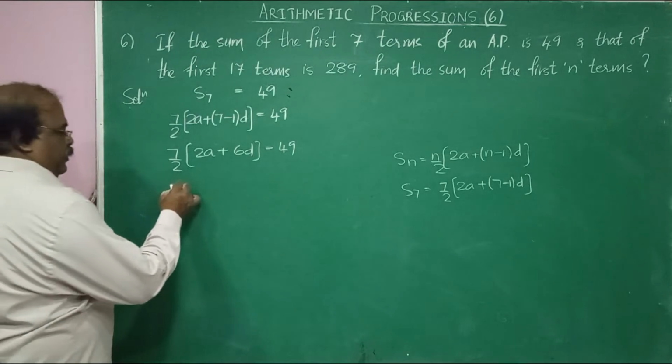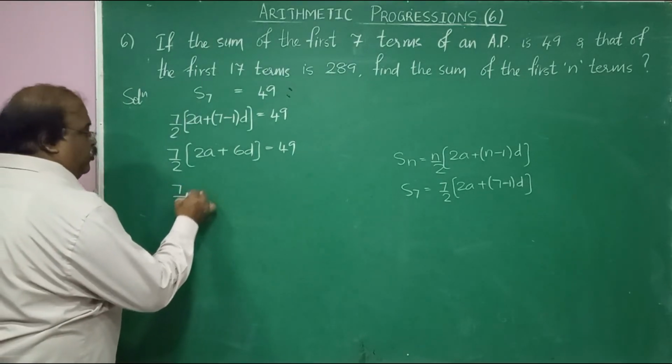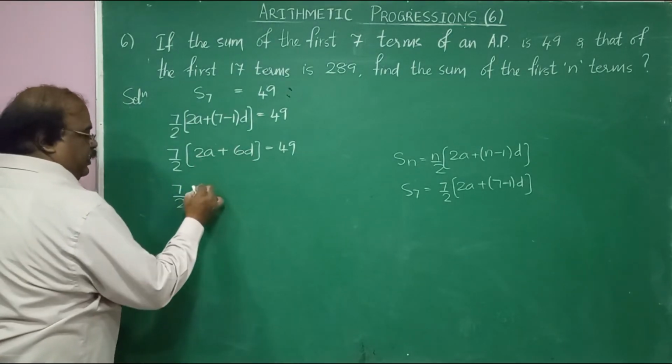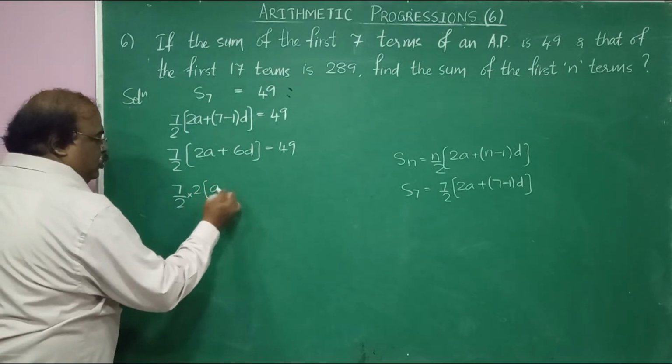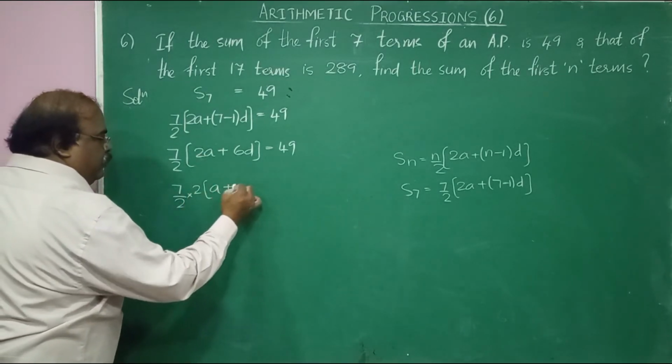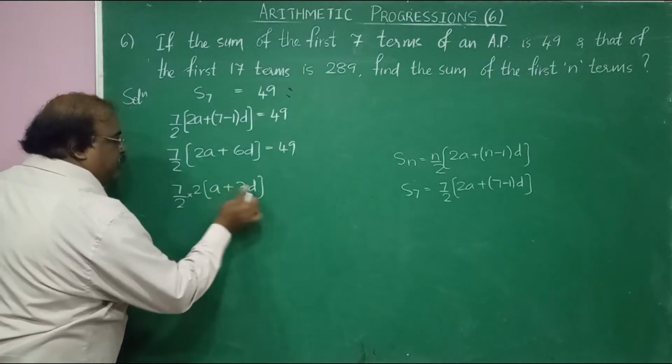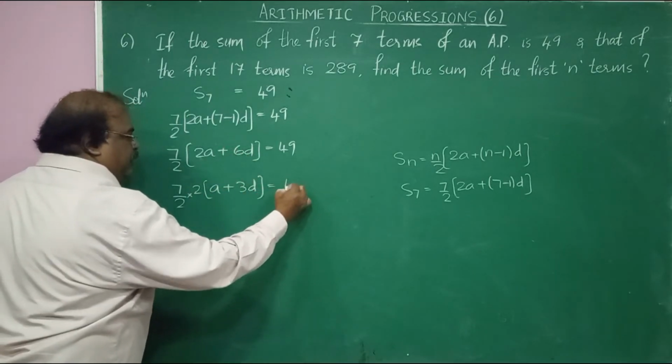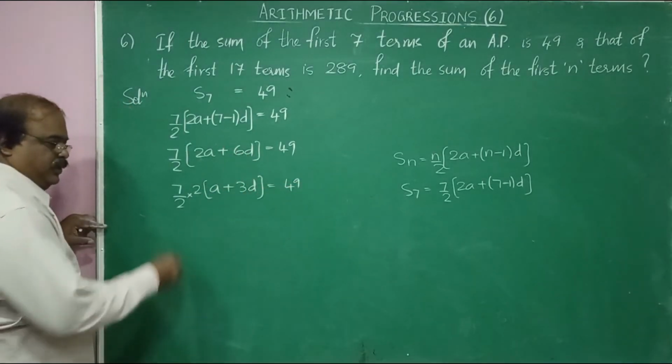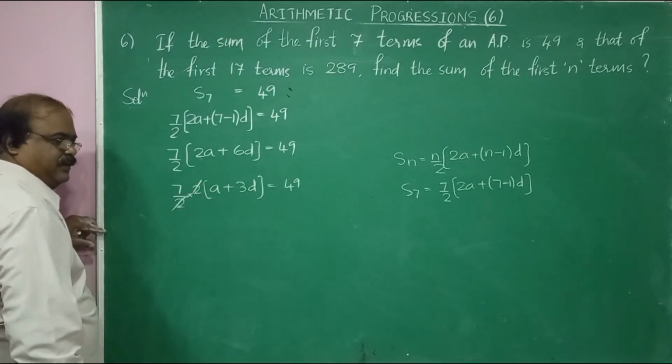In my next step, 7 upon 2, let me remove the common factor here. There is a common factor here: 2 into a is 2a, 2 into 3d is 6d, is equal to 49. So these 2s cancel.